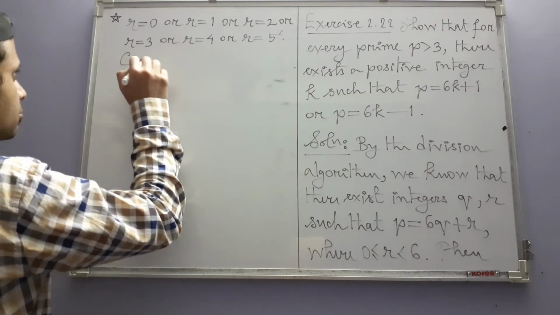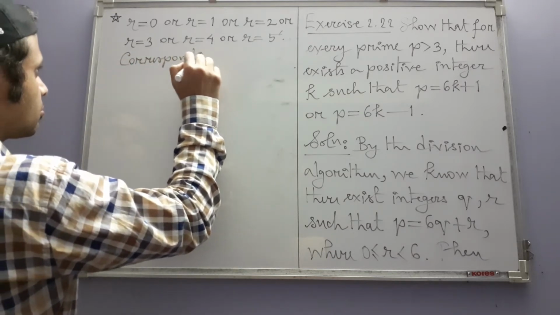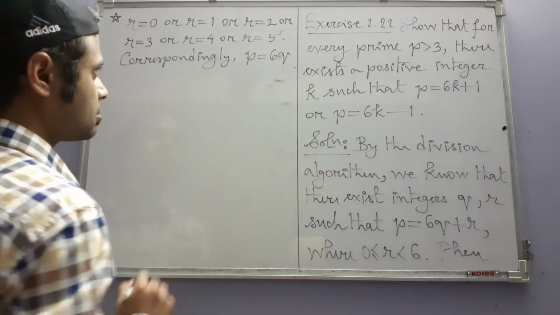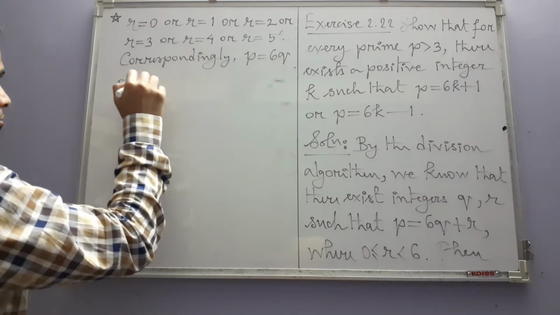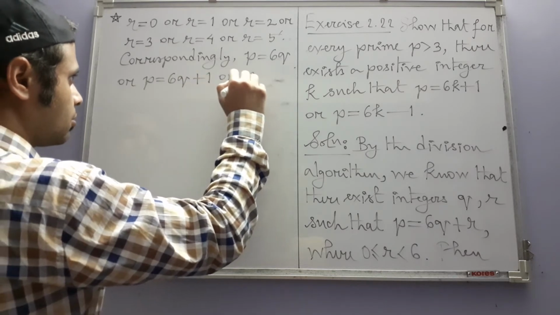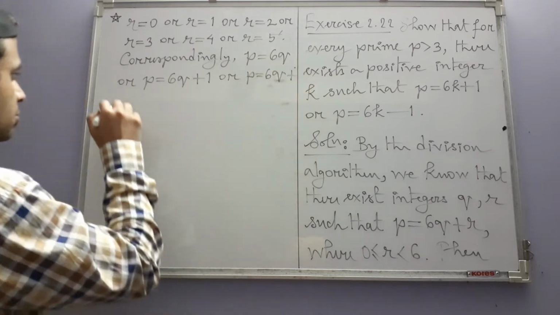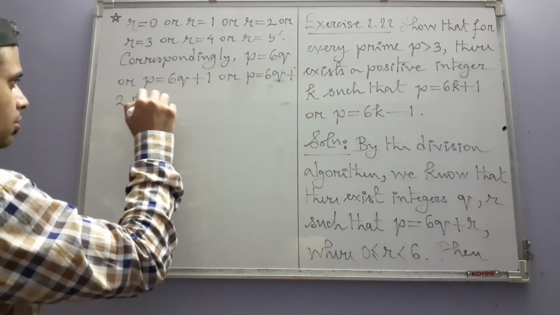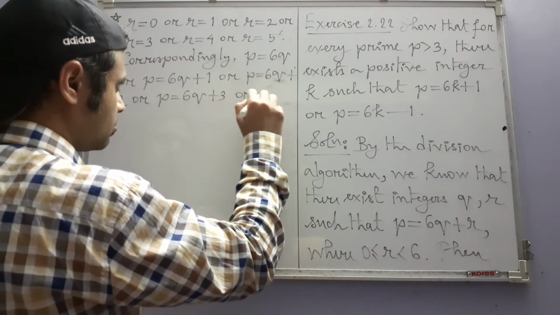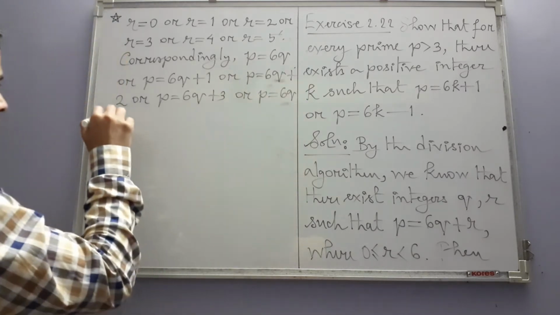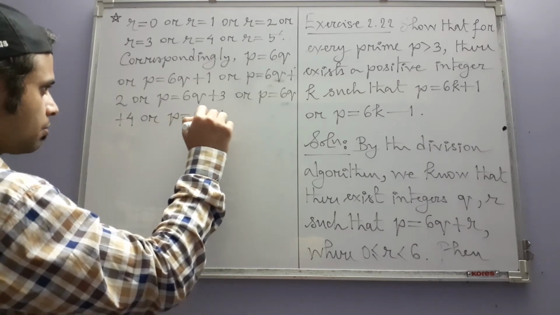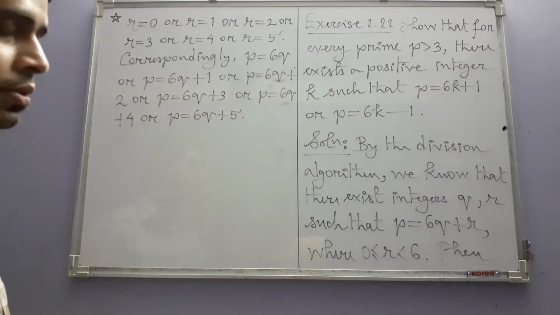Correspondingly, p is 6q or 6q plus 1 or 6q plus 2 or 6q plus 3 or 6q plus 4 or 6q plus 5.